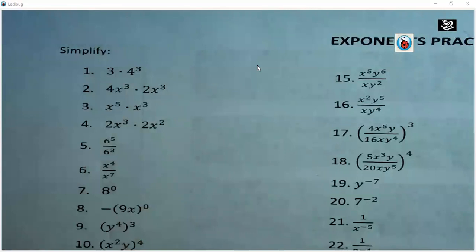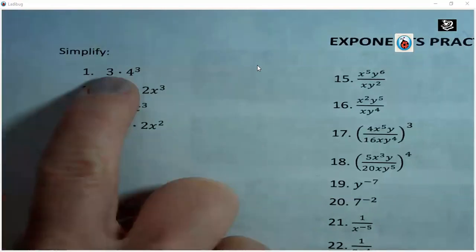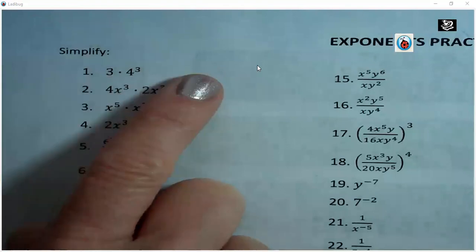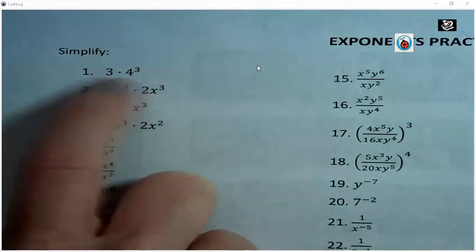No. Why not? The 3 does not have an exponent. Good. So you have 3 and 4, which have different bases. So you can't just say that's 3 to the 4th or 4 to the 4th. They have different bases. All right. So you can't simplify that.